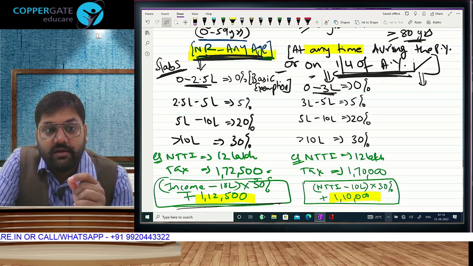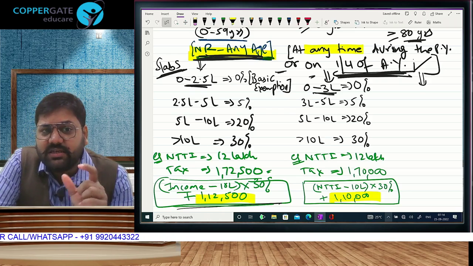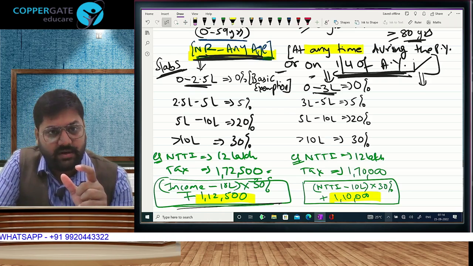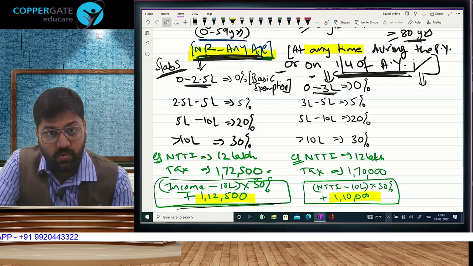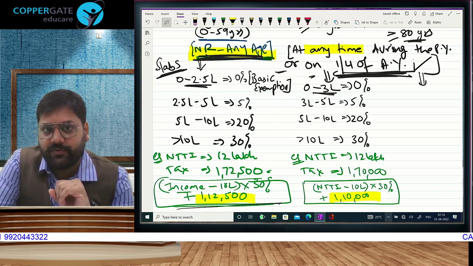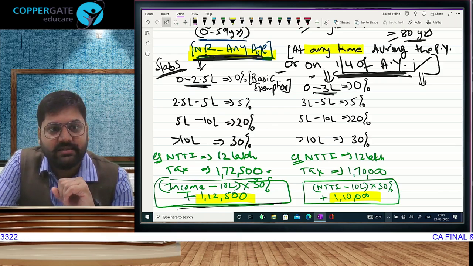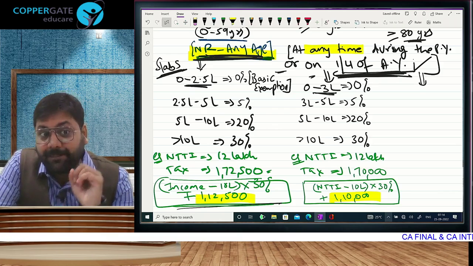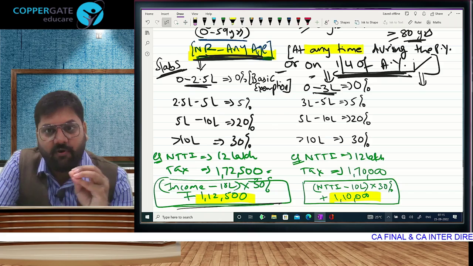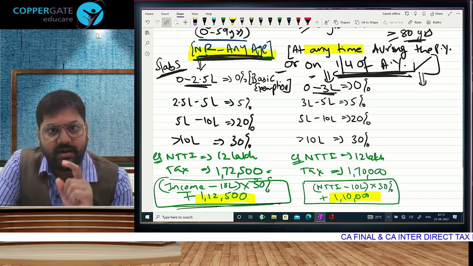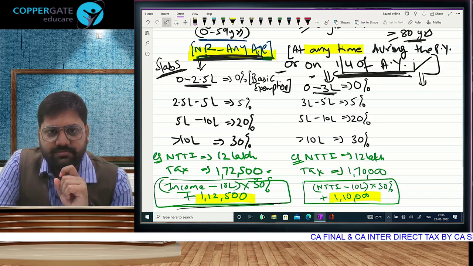Only if resident. Why does this discussion become very important for CA final students now? Because 30 marks of your syllabus is international tax. Compulsory international tax, irrespective of what is your elective paper. Correct? Come on.